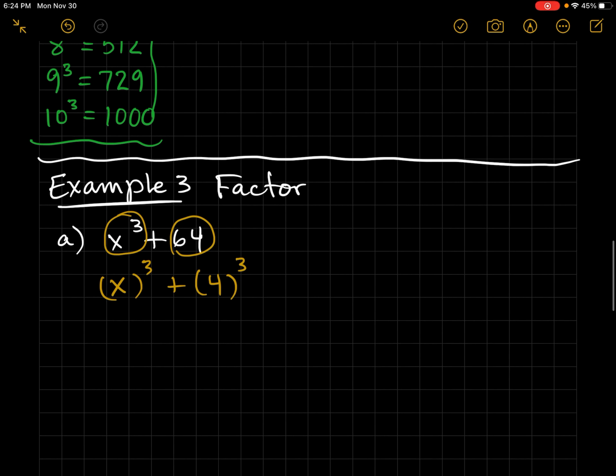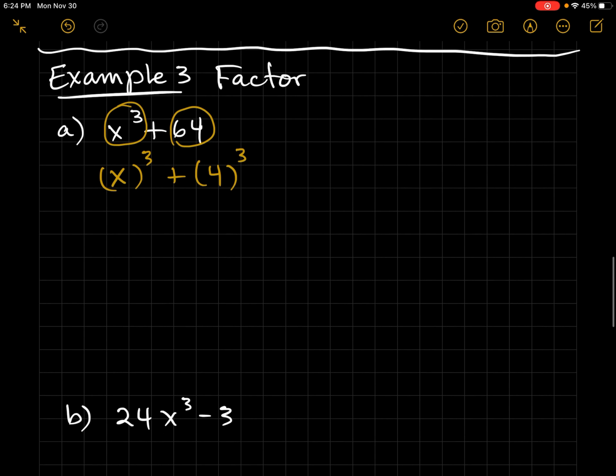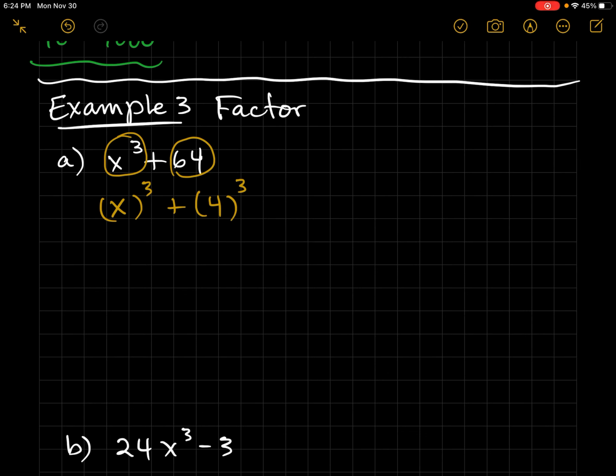So the good thing about that is when we look at the formula, A cubed plus B cubed, I'm going to write it again just so you can get used to seeing it, is A plus B times A squared minus AB plus B squared.